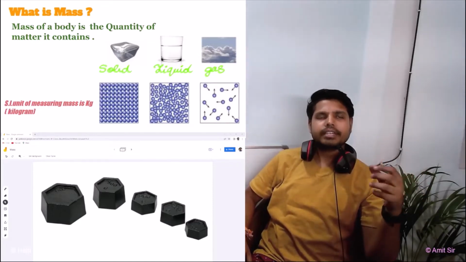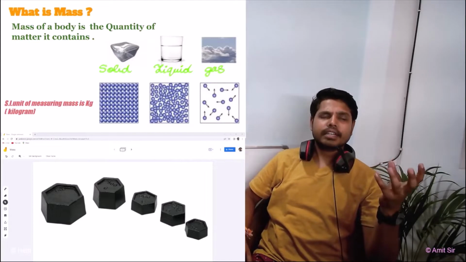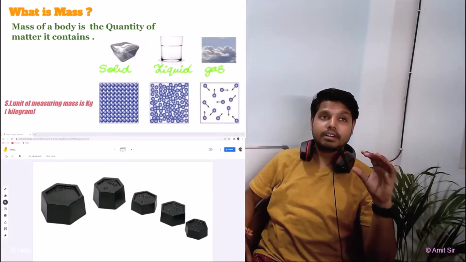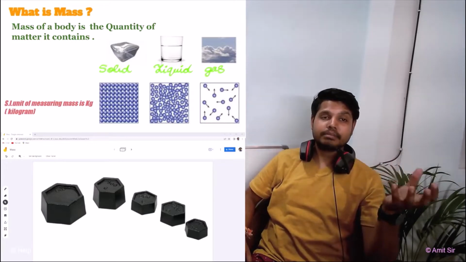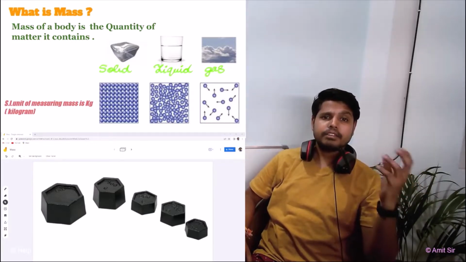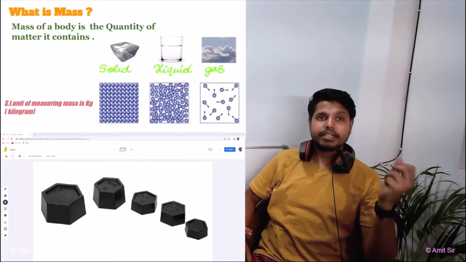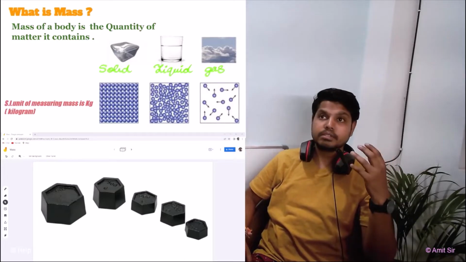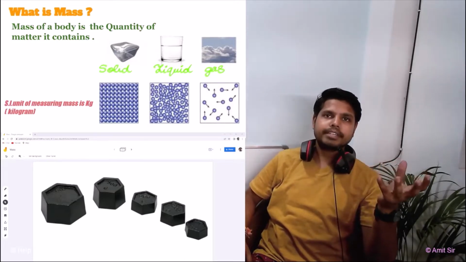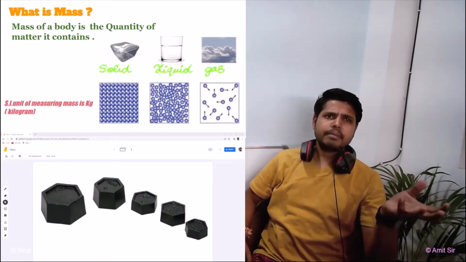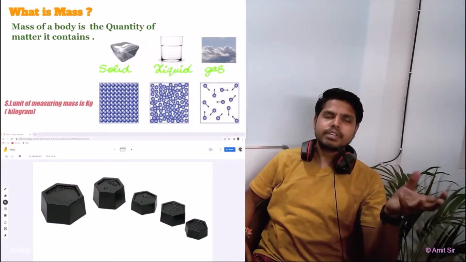A solid contains more particles, so it has more mass for the same density, and water has a bit less, and gas is more or less, because the number of particles in them is different and varies.